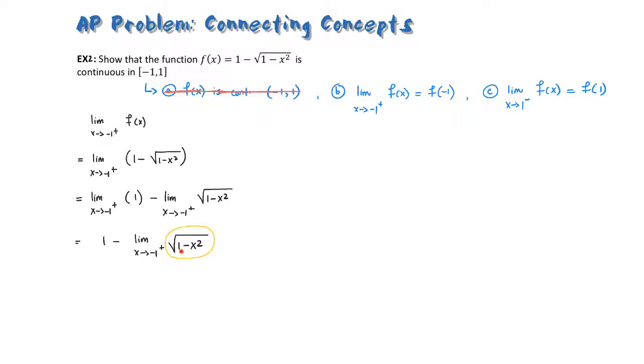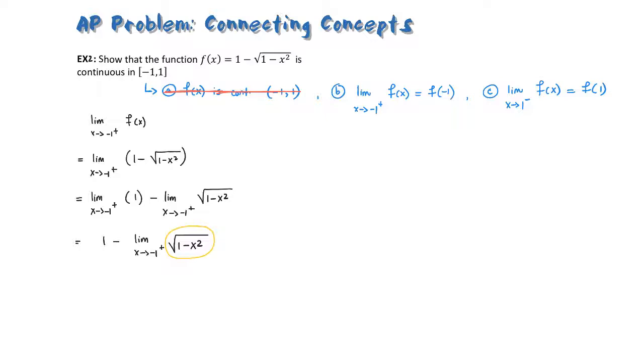If I do 1 minus -1 squared, I'm going to get 0, and the square root of 0 is 0. Great. So then that means that I can proceed by direct substitution. This radical alone is right continuous.